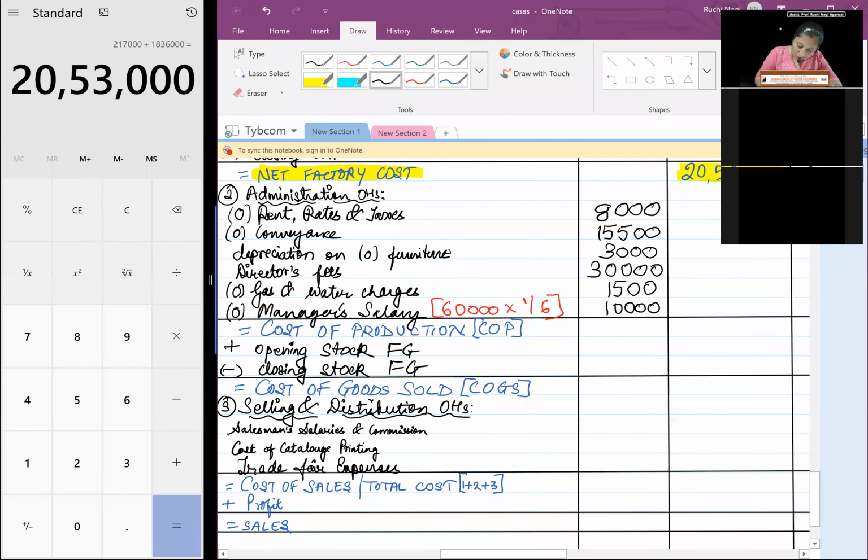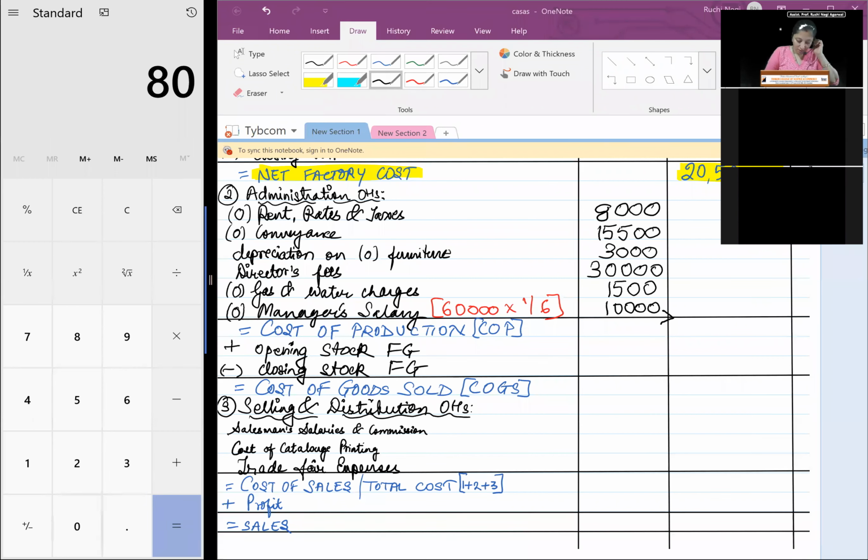Take this total in the outer column. 8,000 plus 15,500. Look into the calculator what I'm doing. 3,000 plus 30,000 plus 1,500 plus 10,000. 68,000.